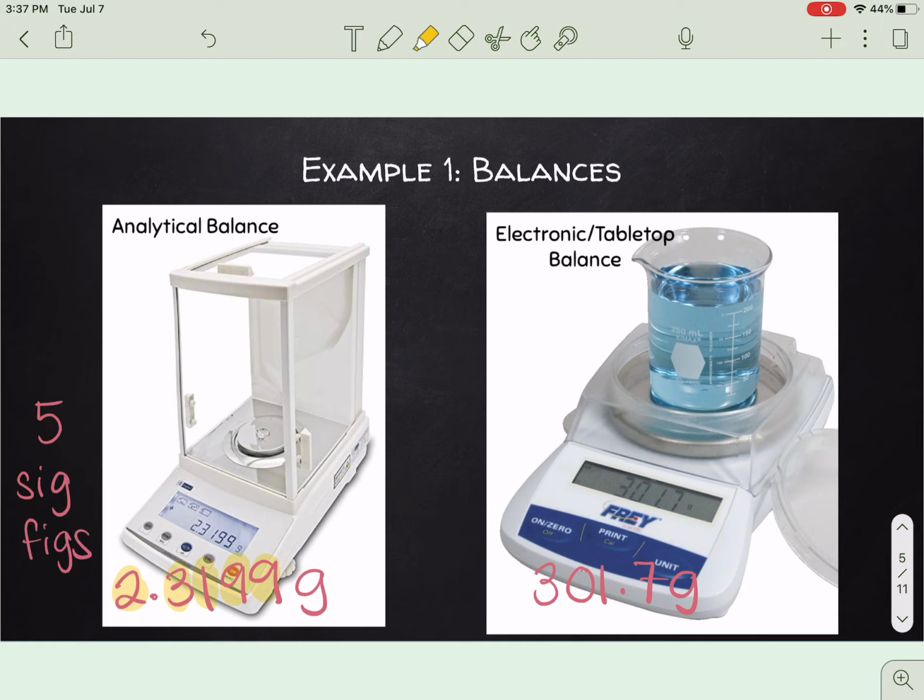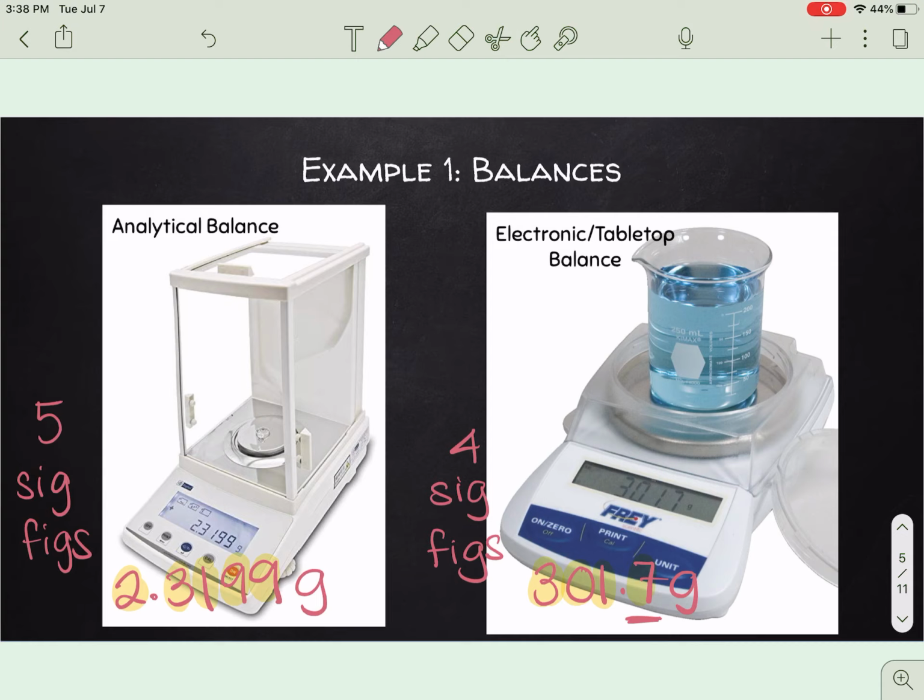And then over here in our other balance, the 3 is significant, the 0 is, the 1 is, and the 7 is significant. So that gives us 4 significant figures. So even though this balance only goes out to 1 decimal place, it still has almost the same number of significant figures as the analytical balance.